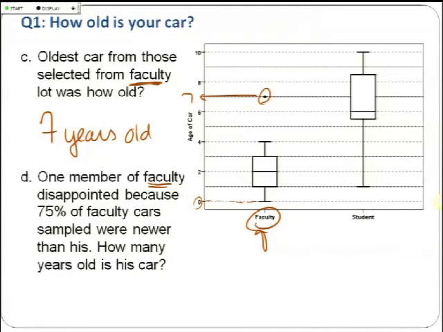We want to take some age, and it's either Q1, which is what? 1, or Q3, which is 3. So let's try Q3, because that's 75%. I kind of think those two go together. And if I look at how many cars were newer than his, newer means younger, are there 75% here? Yeah. So the age of his car must have been 3.